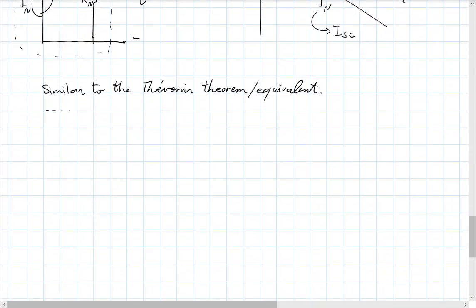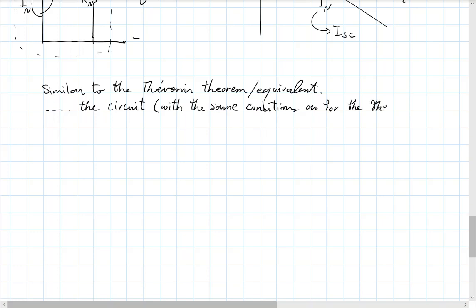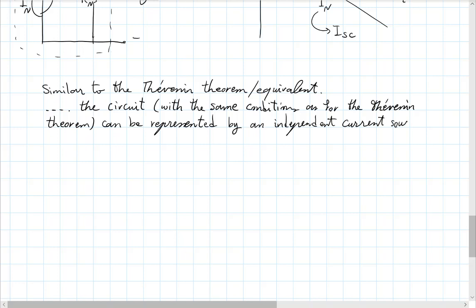We say the circuit, with the same conditions as the Thevenin theorem, can be represented by an independent current source in parallel with a resistor.